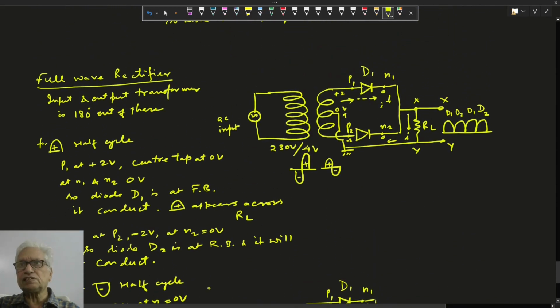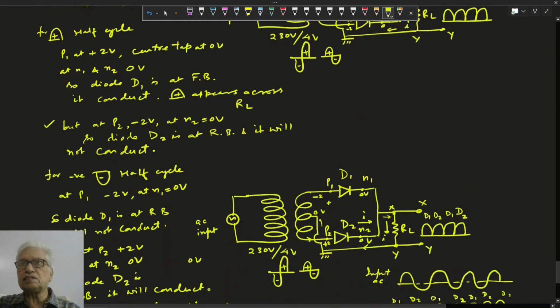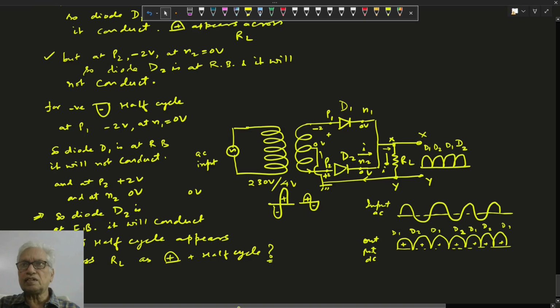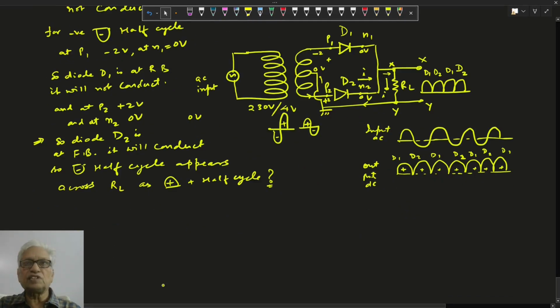See, in the first case, the current flows through diode D1 like this, and through the load resistance the direction of current is from X to Y. But in the second case, for the negative half cycle, diode D2 is conducting, the direction of current is like this, through the load resistance again X to Y. So in both cases, for the positive half cycle as well as the negative half cycle, we get the current as positive. So this is the input and this is the output.